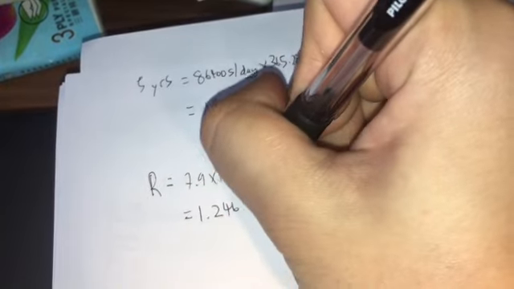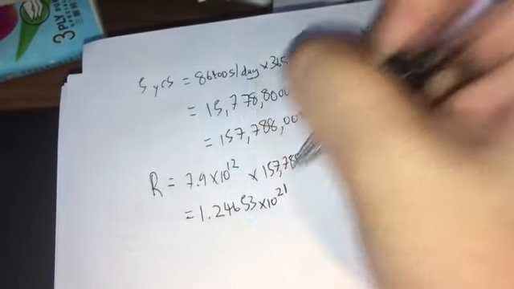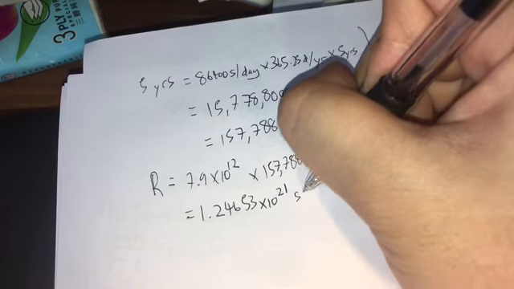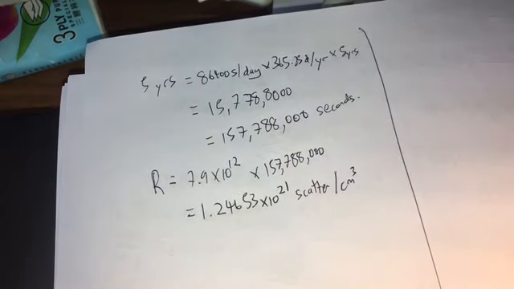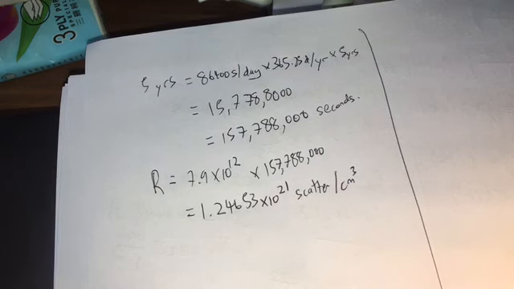So we'll have 1.24653 times 10 to the 21 scatters per cm cube. So this is the reaction we're talking about.